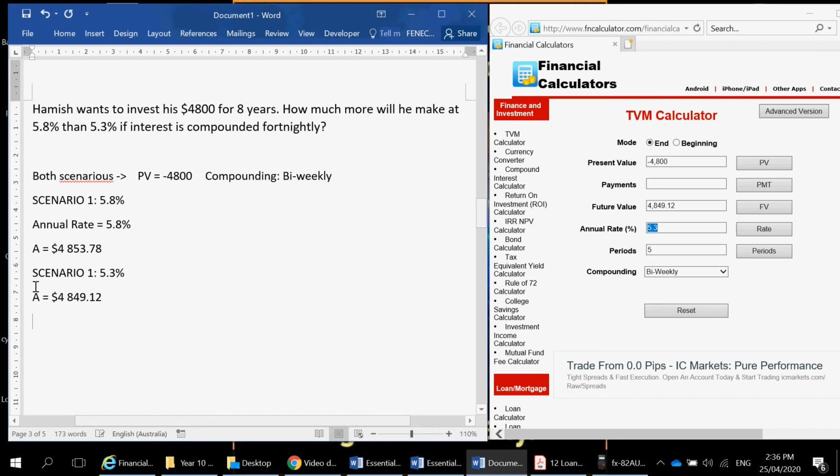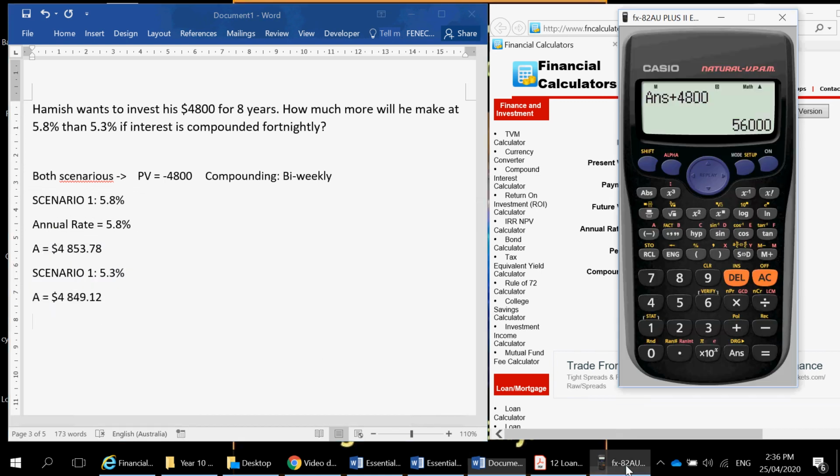Now, let's go back to the original question. How much more money will he make at 5.8% than at 5.3%? How do we calculate that? He made that much money at 5.8. He made that much money at 5.3. How do I work out the difference? Well, I load my calculator and I go, 4,853.78. Take away 4,849.12.